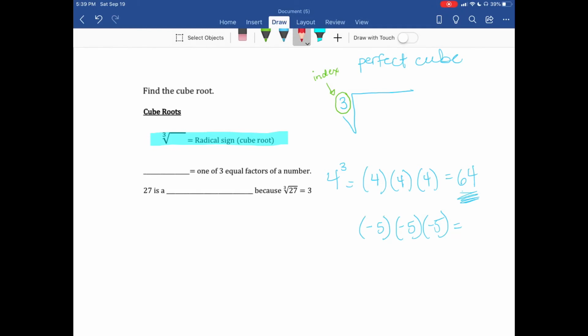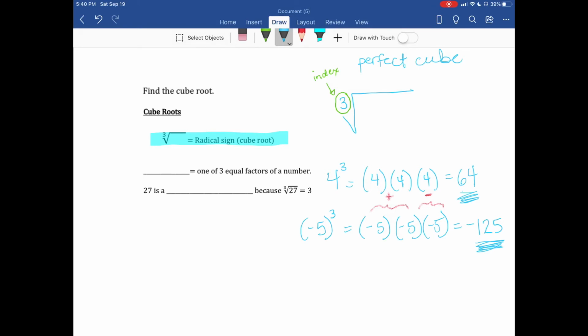I know a negative times a negative is a positive, but then I have a positive times a negative. So that leaves us with negative 125. Negative 125 is also a perfect cube, because negative 5 cubed gives us negative 125.